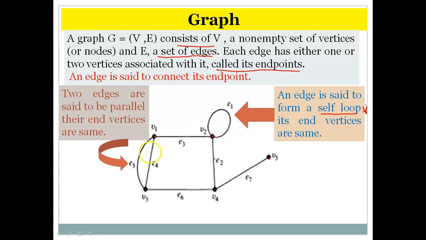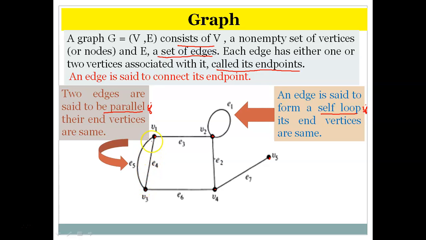Now look at another situation. Between these two vertices V1 and V3, one edge is E4, and another edge E5 is also connecting these two vertices. Two edges are said to be parallel if their end vertices are the same.